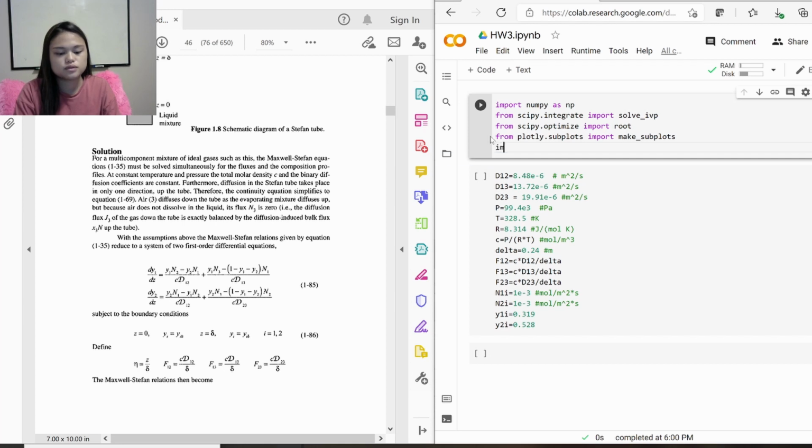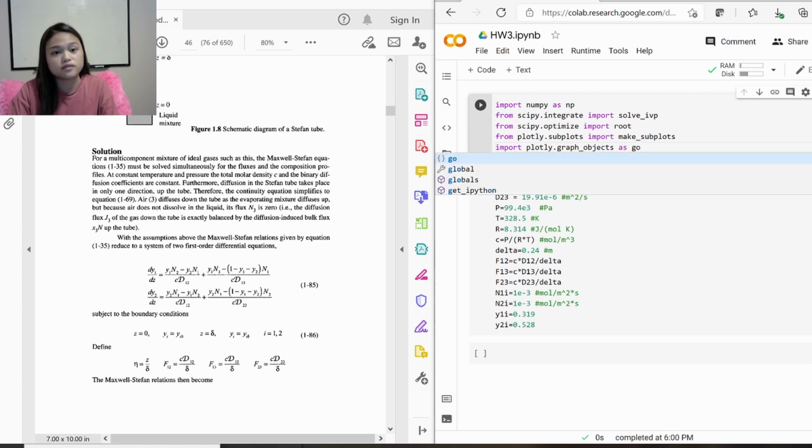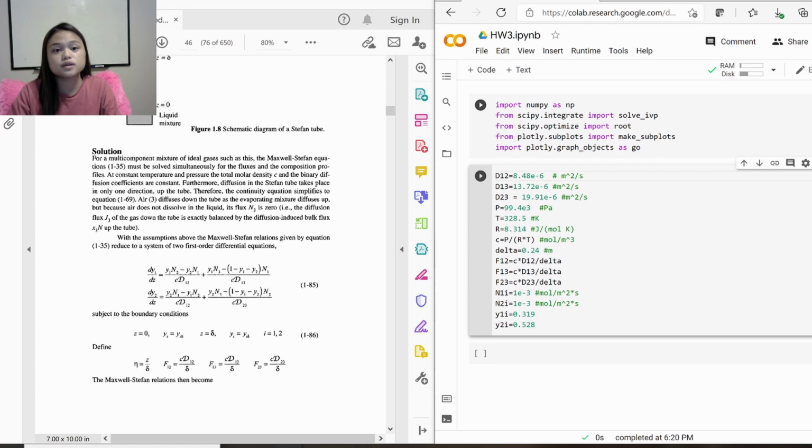So then we want to import plotly.graph_objects because we want to be able to graph these as scatter plots, and scatter plots are just objects, so that's where we put objects there. To simplify it, we abbreviate it as go. So that worked.